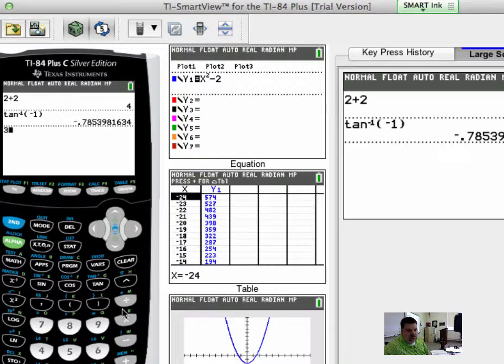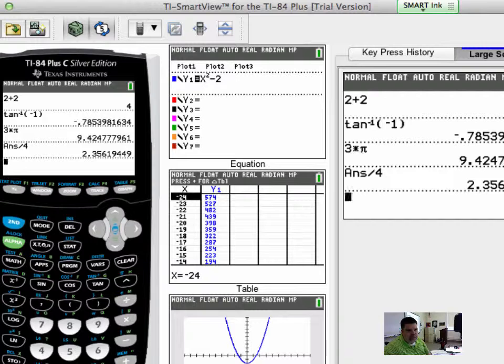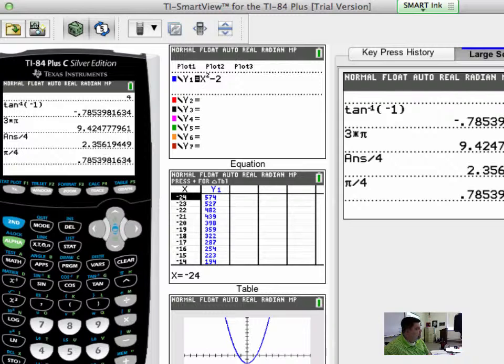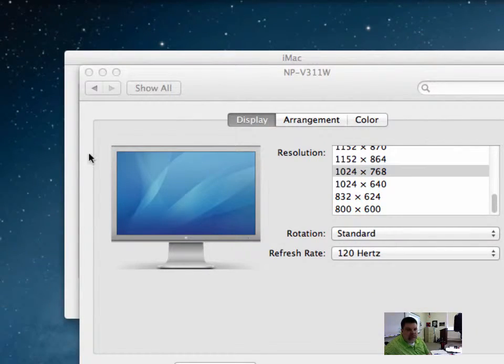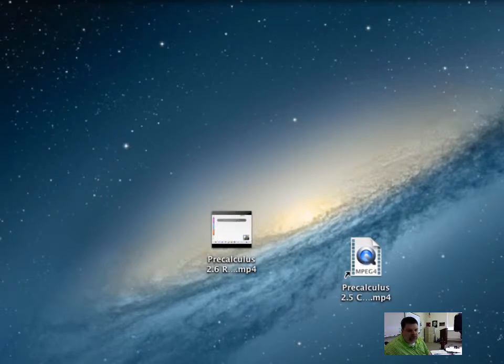Pi over 4 is what we got, and then when we added half a pi to it, we got the 3 pi over 4. Does that make sense? Okay. Any other questions, guys? All right. So that's where that comes from.